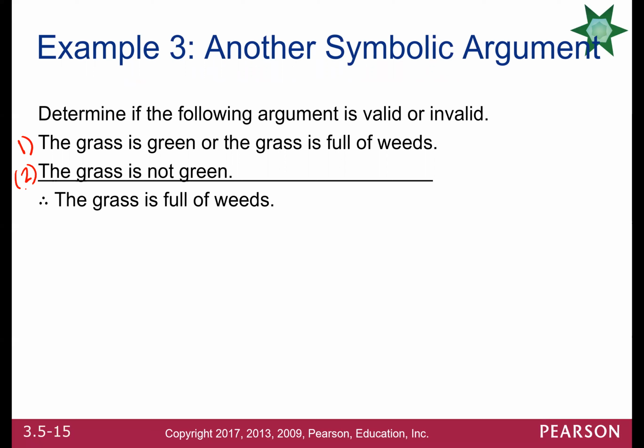So our first premise logically would be what? Well, we first need to create some statements here. So I'm going to create two statements, and I'm going to use the grass is green. So that's going to be statement P. And we're going to let statement Q be the grass is full of weeds.